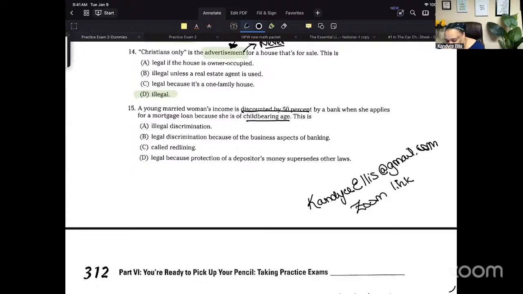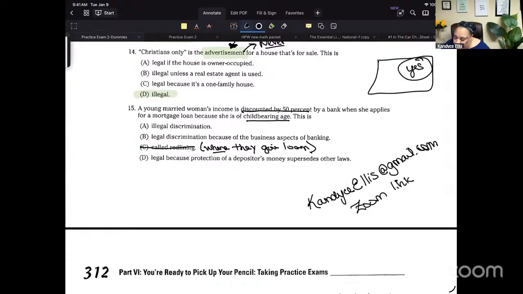Well, let's talk about it. It's not C. Redlining is where they give loans. If this is the map, and they say yes over here, but then over here they say no because of the racial makeup, that would be redlining.